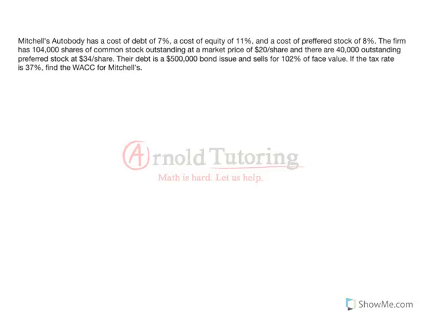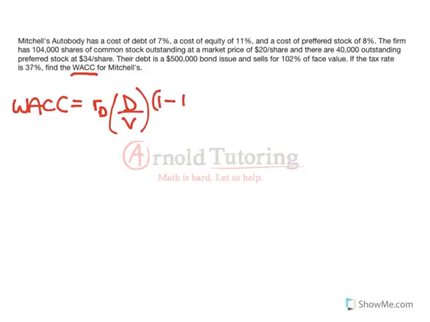So this has a couple wrinkles in it, but in general, it's a pretty common weighted average cost of capital question. So let's think about what our formula for weighted average cost of capital is. It's always the cost of debt, so I'll call that RD, times the debt over the value of the firm, that's the percentage of debt in the firm, times 1 minus the tax rate, because debt is affected by tax, plus the weight of our equity.